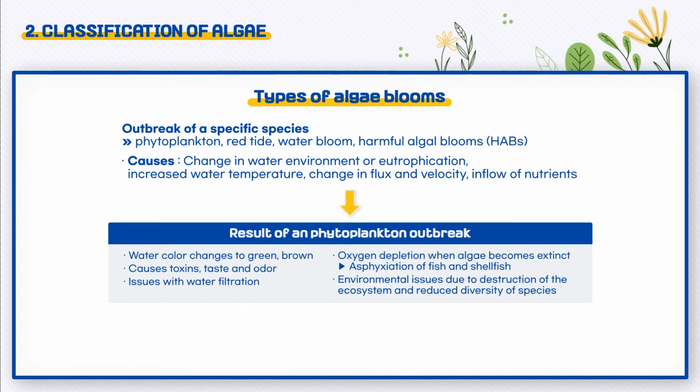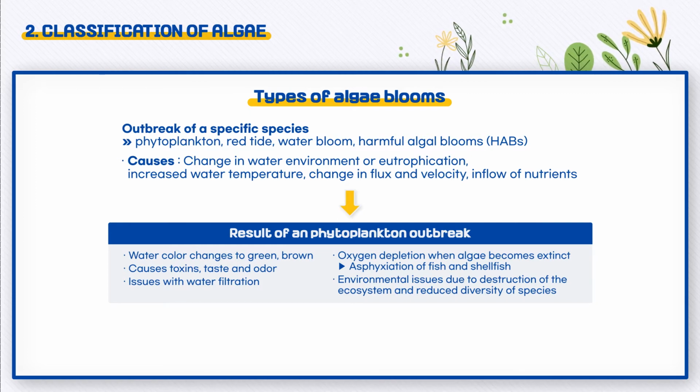The results of an outbreak of algae can cause environmental problems, such as a change in the water color to green or brown, the generation of toxins and taste or odor-producing substances, issues with water filtration, and issues in the aquatic ecosystem.